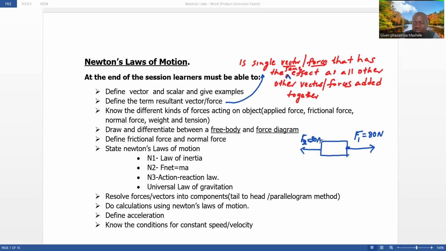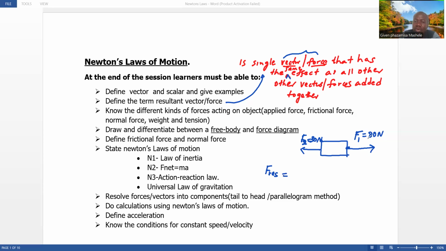But now here we want to say, can we come up with a single vector or a single force that will have the same effect when we add these together? And that is called a resultant force or a resultant vector. So if here we want to calculate the resultant, the Fres or Fnet, that means we need to make sure what will be the single vector or single force that will have the same effect as these added together.